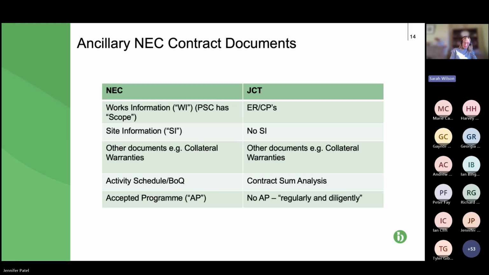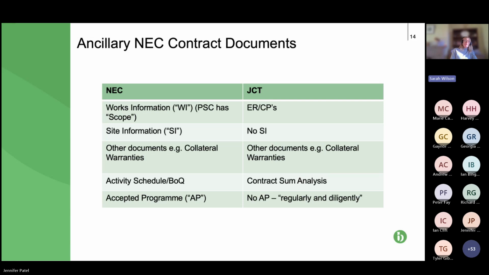Whereas, of course, with JCT, you've got no programme or often quite a sparse programme. So the first thing you need to do in order to prove a delay claim is get some kind of delay analysis prepared retrospectively, which is always really expensive.